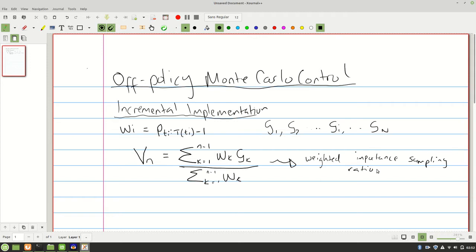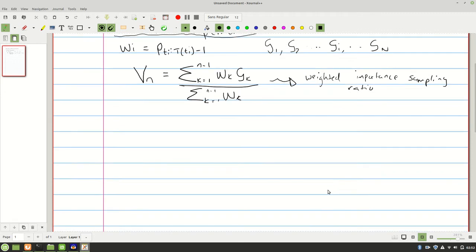We also talked in the previous lecture about the ordinary importance sampling ratio, and the difference between that and the weighted importance sampling ratio. Again, I'm just going to skip through this since we've already covered it. This is how we compute the weighted importance sampling ratio for our value function for a particular state.